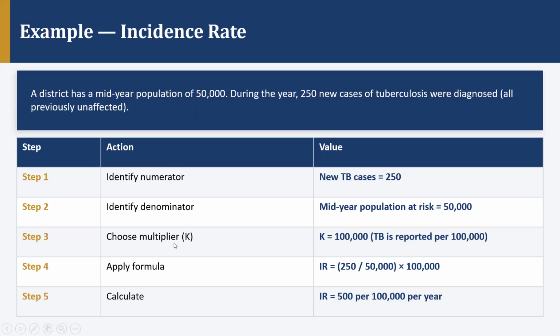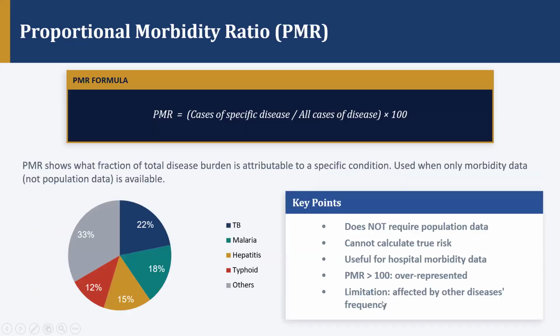Third is the constant, which is 1 lakh, as TB is reported per 1 lakh. Next, we apply the formula: 250 new cases divided by the total population of 50,000 multiplied by 1 lakh. The answer is 500 per 1 lakh per year.